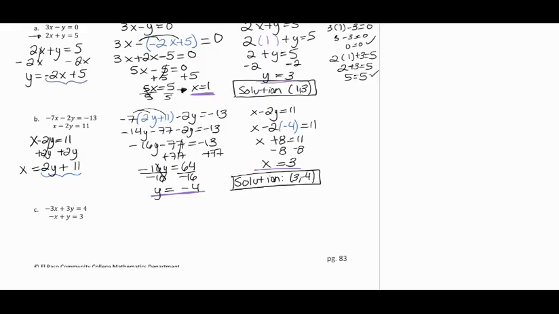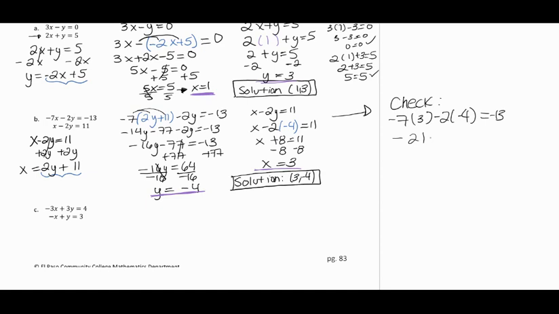Let's go ahead and check our solution. So check. We have negative 7 times 3 minus 2 times negative 4 equals negative 13. Negative 7 times 3 is negative 21.